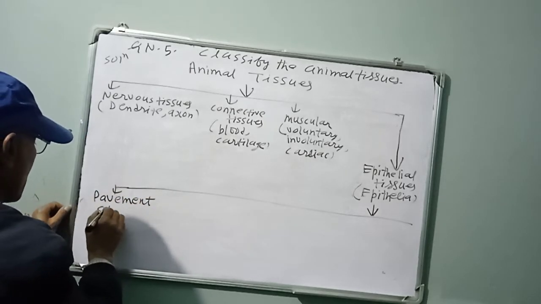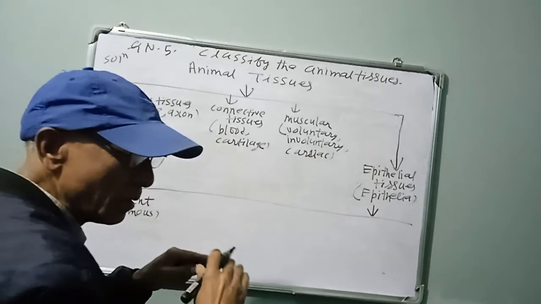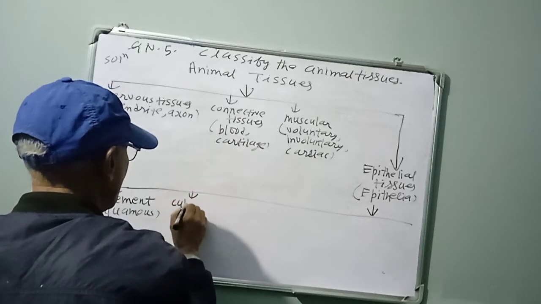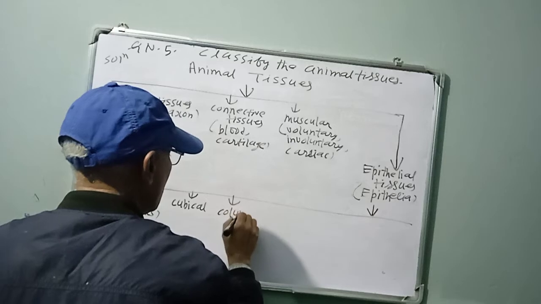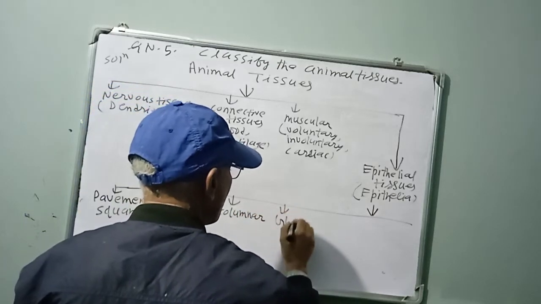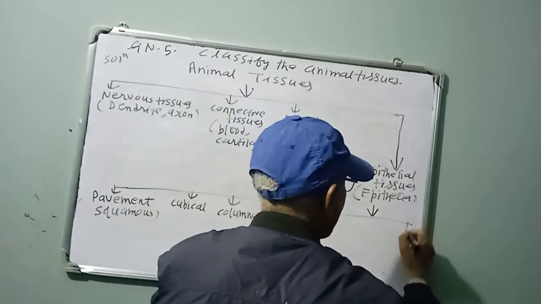Pavement or squamous. Just by the name pavement, like paving stairs. Cubical, columnar, glandular, and then stratified.